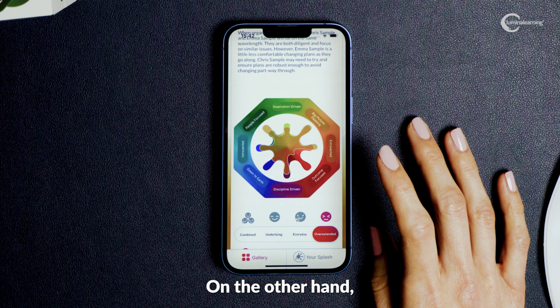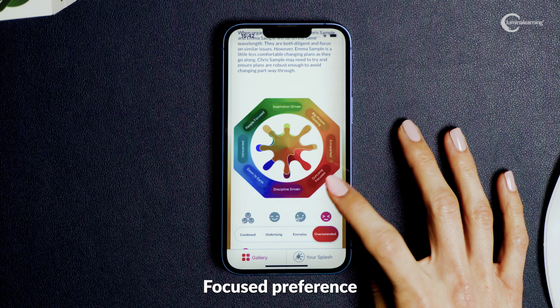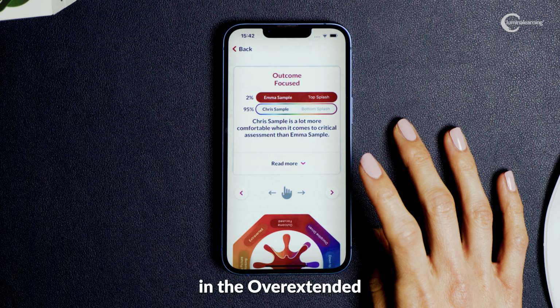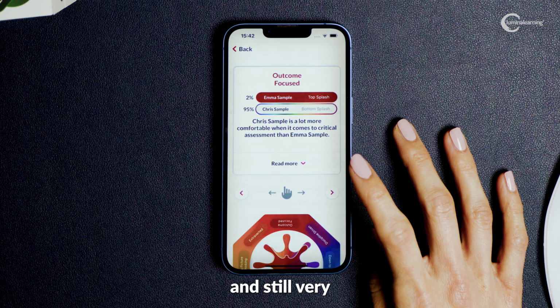On the other hand, we can see that that outcome-focused preference is still strong in the overextended for Chris and still very low for Emma. And this is in the overextended.